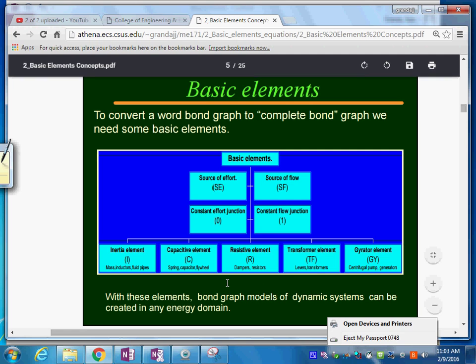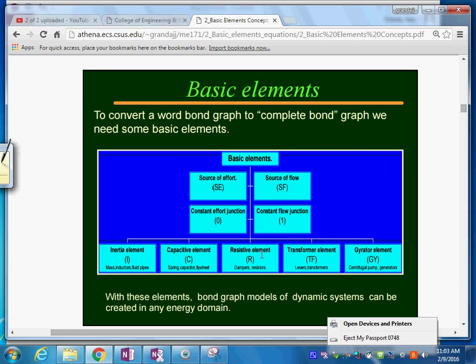So in here you have the TF element and the GY element. These two elements are conservative elements that are designed to help you represent parts of systems that actually conserve energy. They only transform, like for example, a set of gears is a good example.